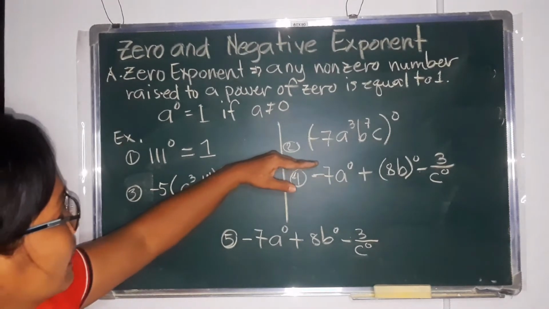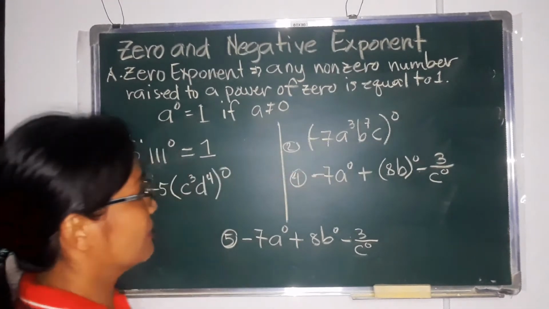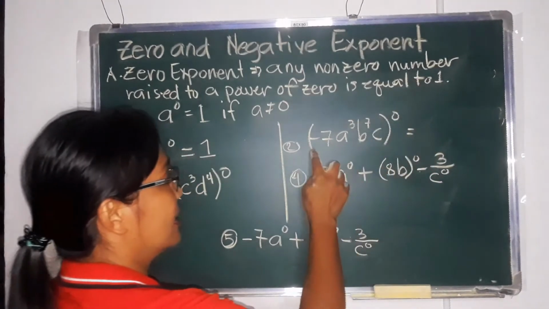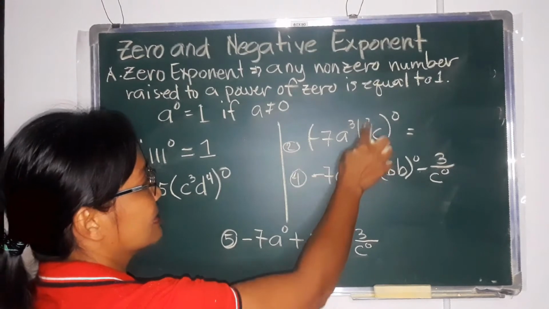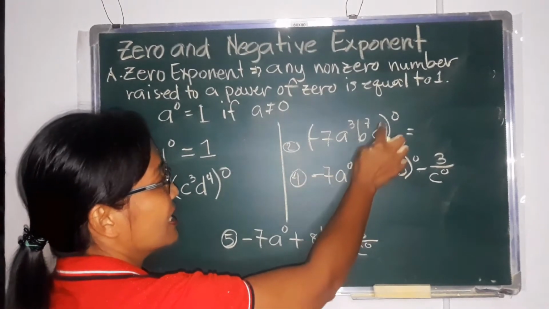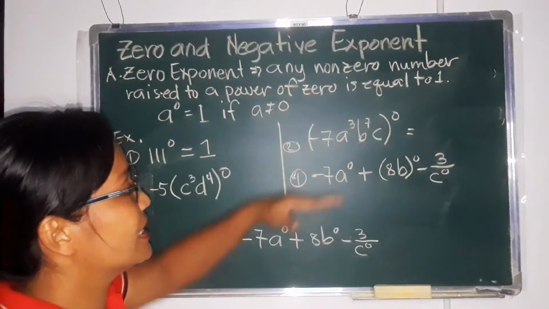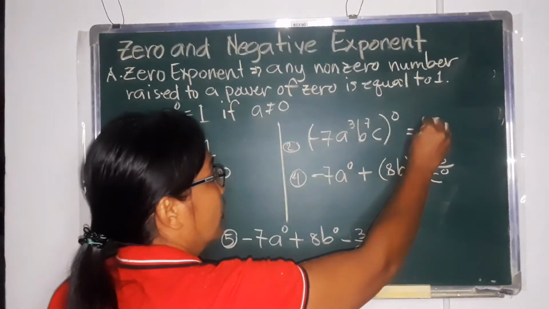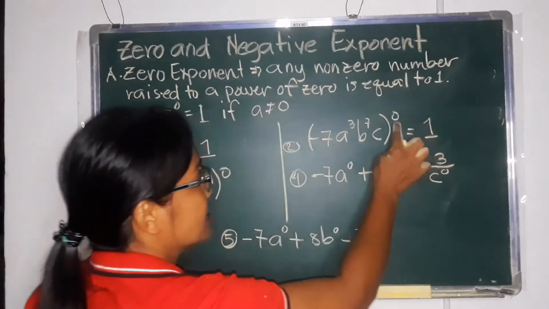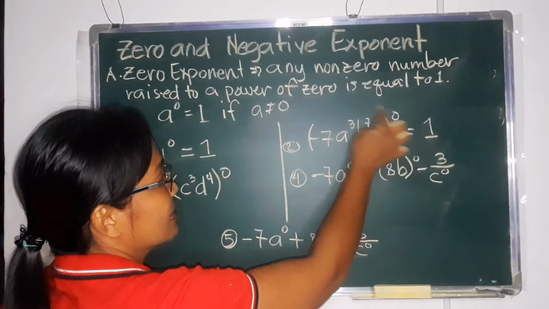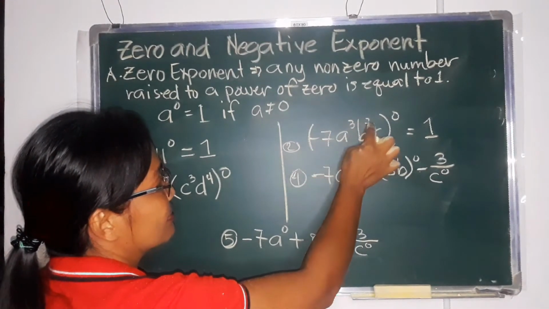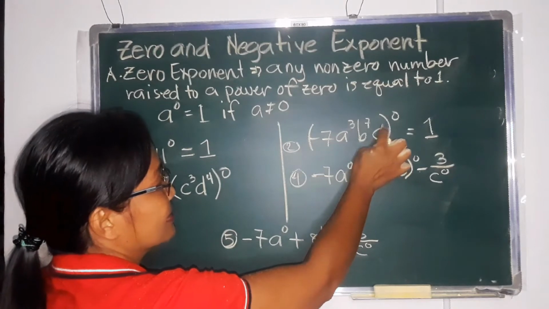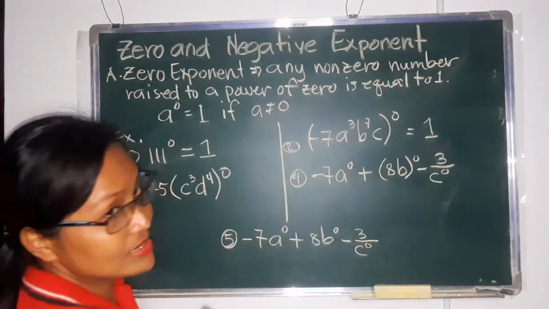Next, example number 2. If you notice, we have here close and open parenthesis negative 7, a cubed, b, 7a, and c raised to 0. So this is automatically 1. Why? Because if we raise everything inside to 0, this becomes 1, this becomes 1, and anything that is raised to 0 is equal to 1.